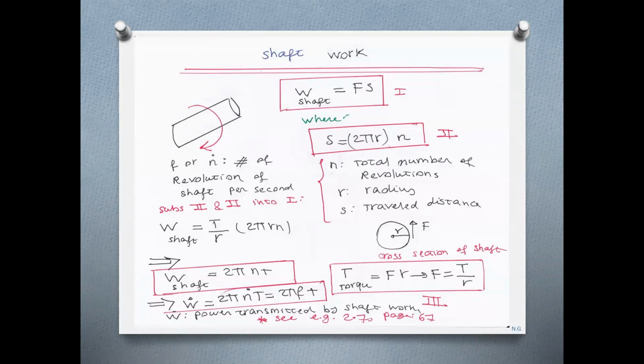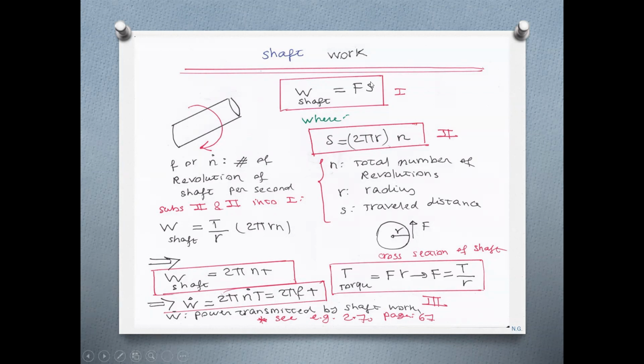If the shaft rotates, N is the total number of revolutions, and each revolution travels 2 pi R, right? So 2 pi R N is the travel distance. That is equation number 2.